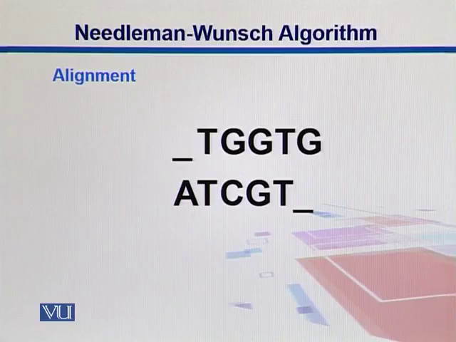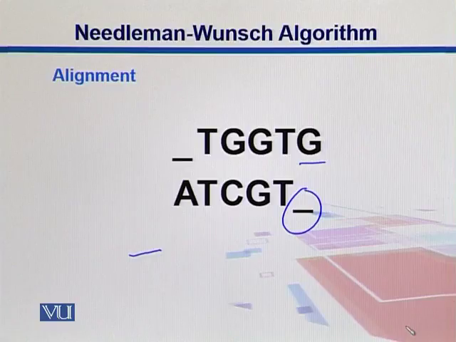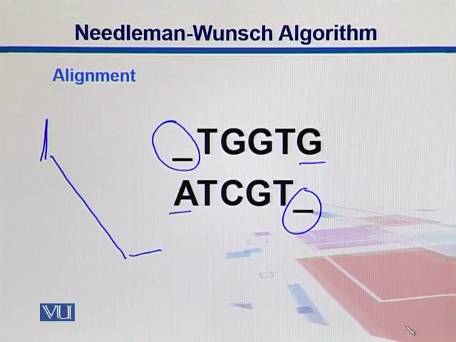While keeping track of our traceback pointers, if you remember, we had some situation like this. We had a gap on the bottom strand and an element on the top strand, and then we had this long diagonal, and then we end up with a situation where we again have a gap on the top strand versus an element on the bottom strand. In this way our final alignment is something like this.